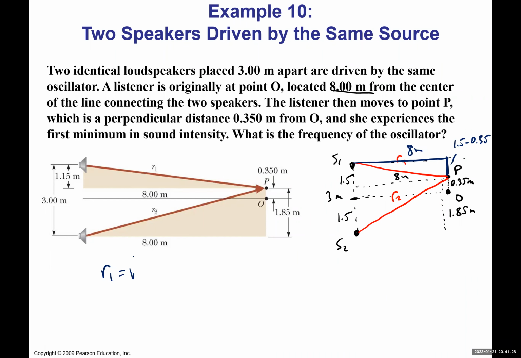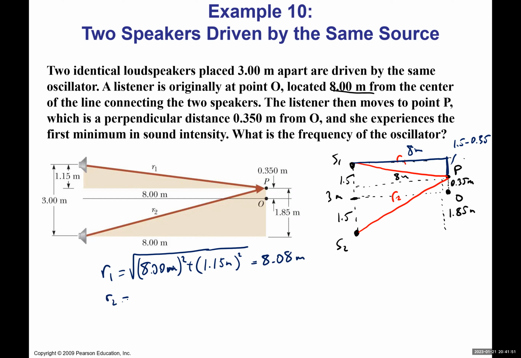So it's the square root of my adjacent side, 8 meters, and my opposite side, 1.15 meters, squared. We get 8.08 meters. So that's R1.